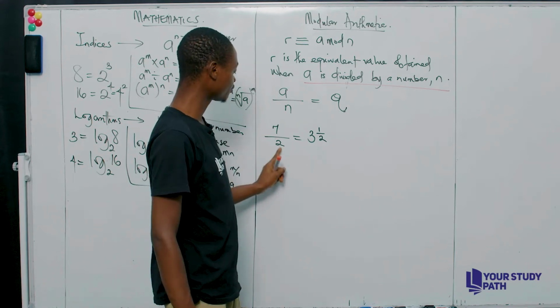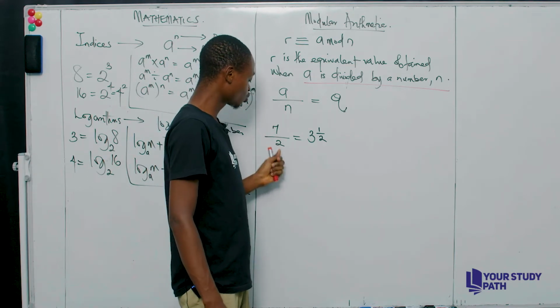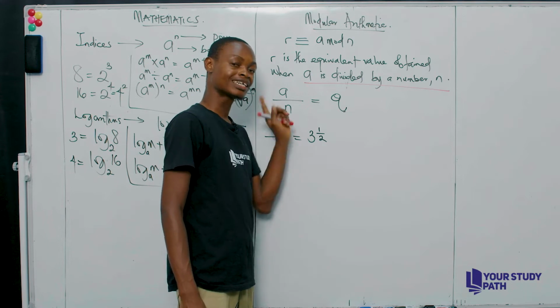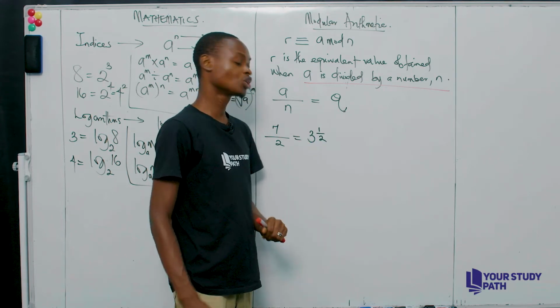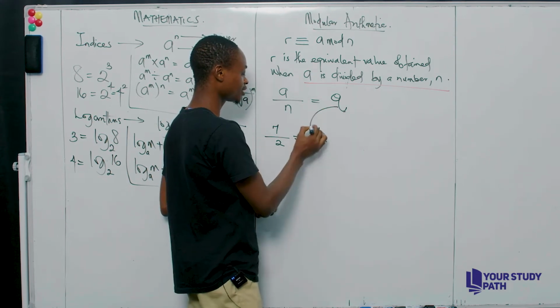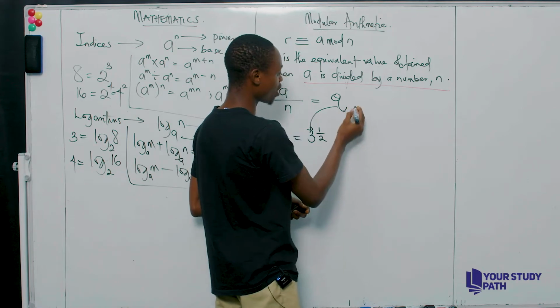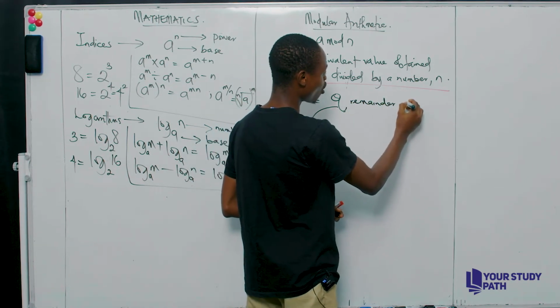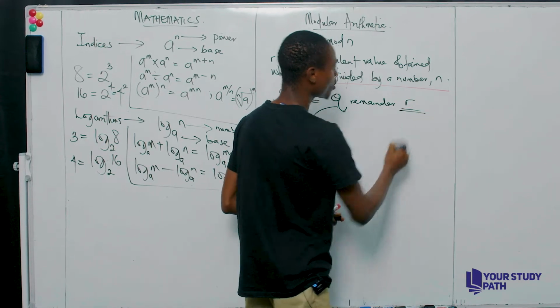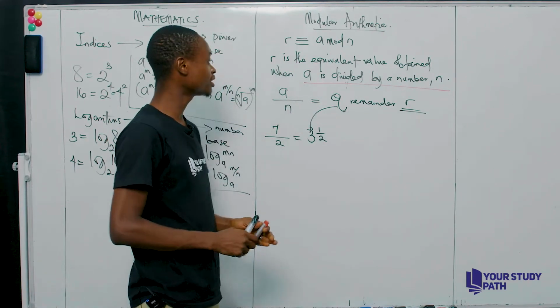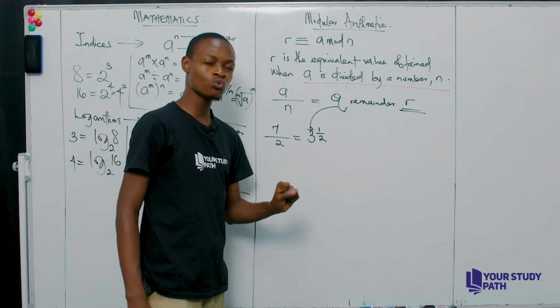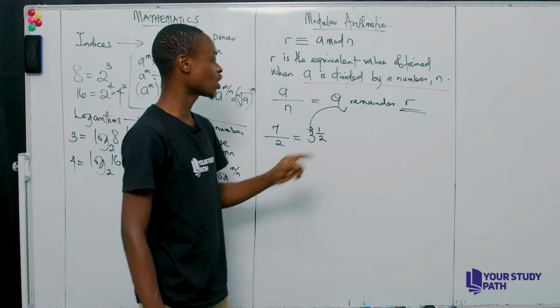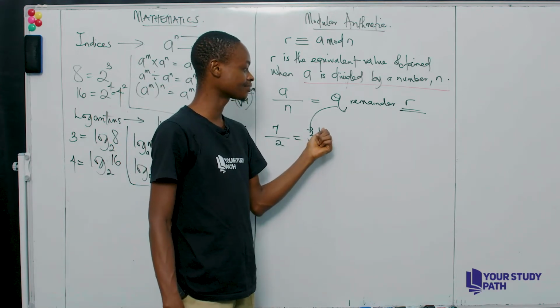So you have 7 divided by 2. 2 will go into 7 3 times, remainder 1. So it means that the quotient in this case is 3, and then you have a remainder of 1, which in this case we are calling half. So it means that when we deal with modular arithmetic, we are most concerned with the remainders.